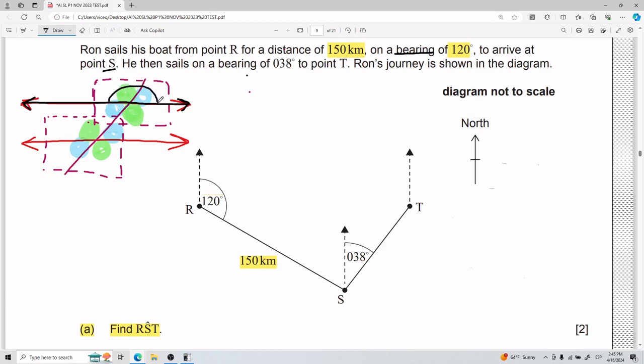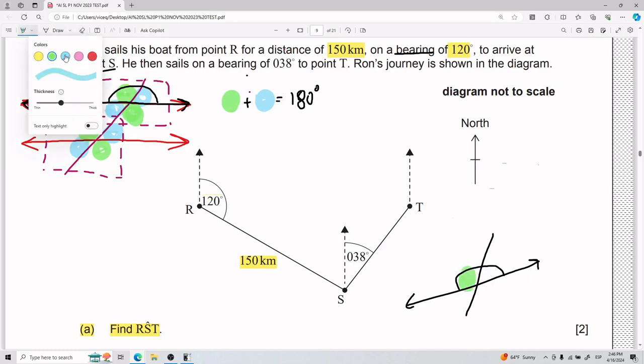So I'm just going to be very detailed: green plus blue is going to be 180 degrees. If you cut a straight line through the middle, or cut it some way, you know that this one plus the other one has to be 180. That's what I'm trying to portray to you guys.